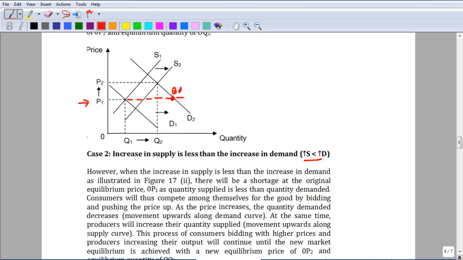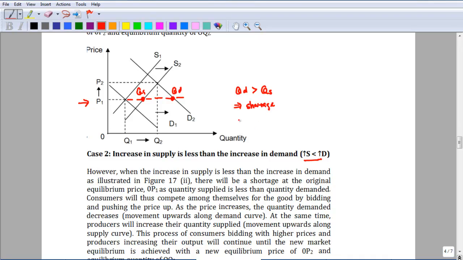Quantity supplied will be a point on your new supply curve at the price of P1, which is here. Okay, so again it's a certain amount. Right, so if you compare, you notice your quantity demanded is more than your quantity supplied. So this implies that there is a shortage in the market.